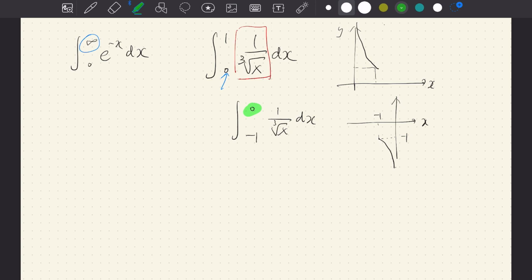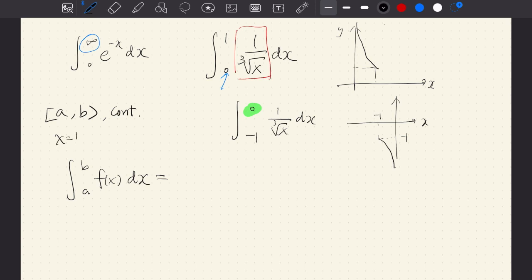And we say that for this kind of improper integral, where f of x is continuous between a and b, but not including b, and it has an infinite discontinuity at x equals b, then you can evaluate it by first evaluating the definite integral from a to c, and then letting c go to b from the left side.